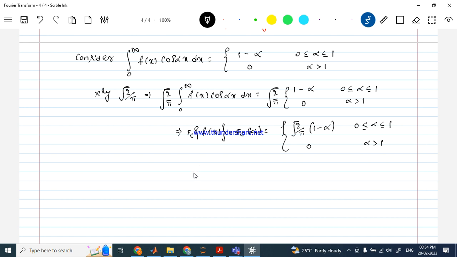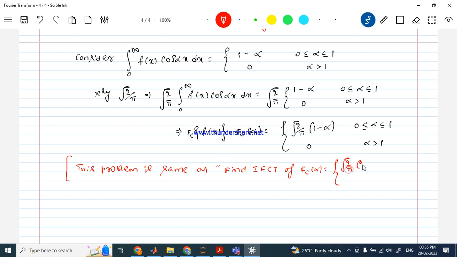Which means, in this example, this problem is the same as: find the inverse Fourier cosine transform of fc of alpha equal to square root of 2 by pi times 1 minus alpha for 0 less than or equal to alpha less than or equal to 1, and 0 for alpha greater than 1.